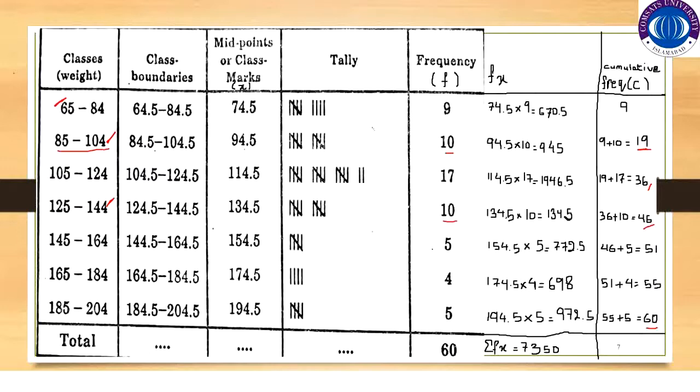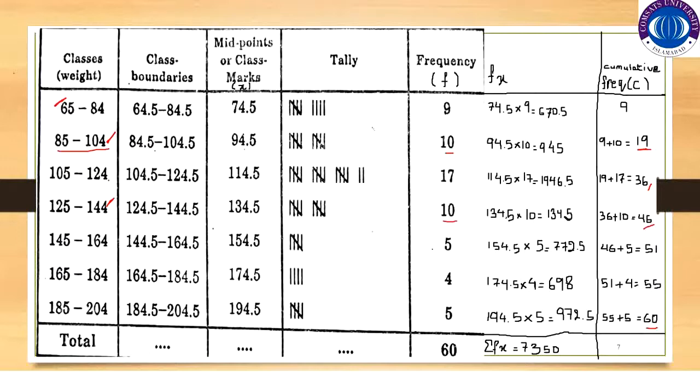What are we interested in? We are interested in the 30th observation. Where does it lie? Moving forward, we see the cumulative frequency of the third class is 36. It means from 65 to 124 we have 36 observations.